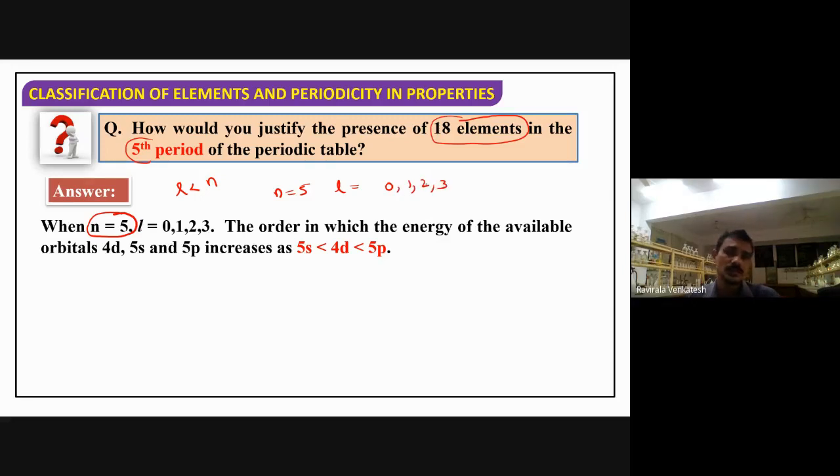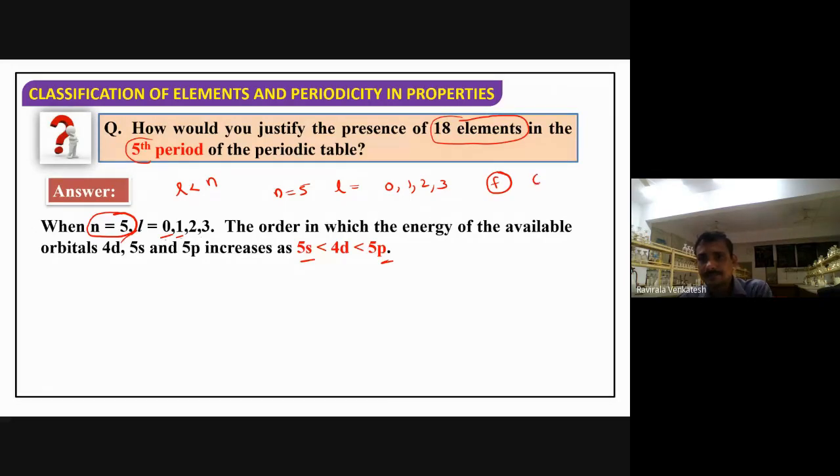In total we get 4 values. If n is 5, we get 4 values; if it is 3, we get 2 values, like that. So 0 means 5s, 1 means 5p, 2 means 4d. But we don't have the f orbital here. Where does the f orbital start?